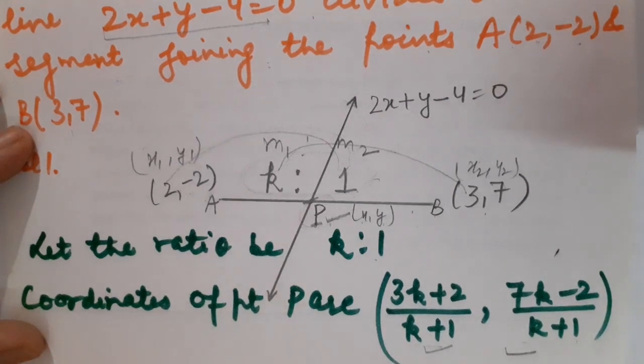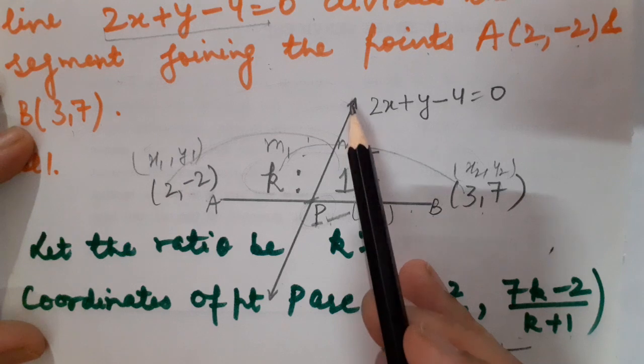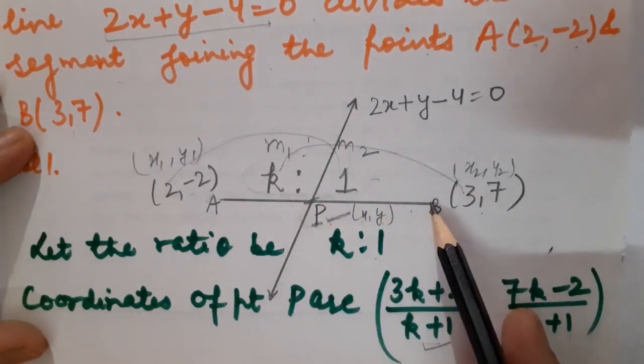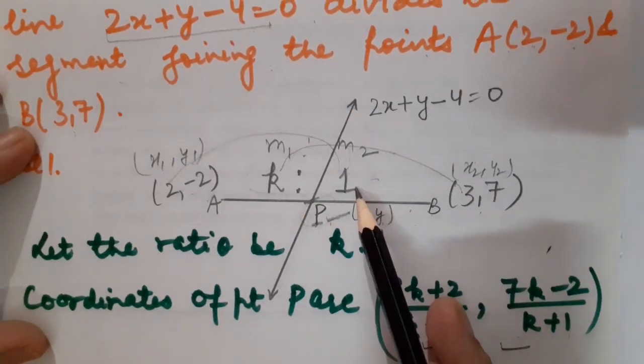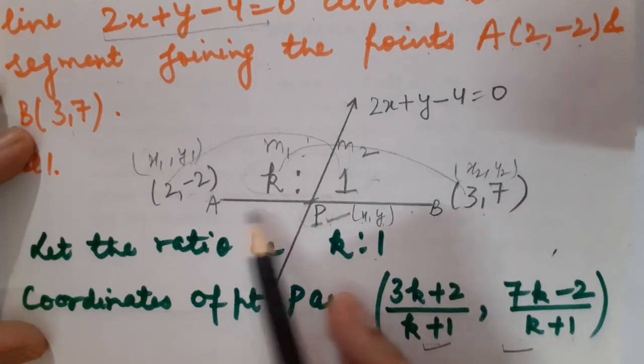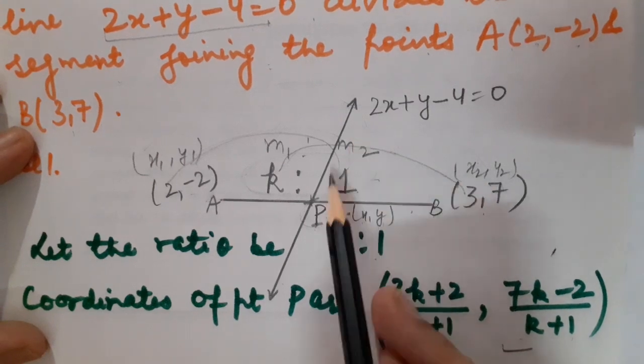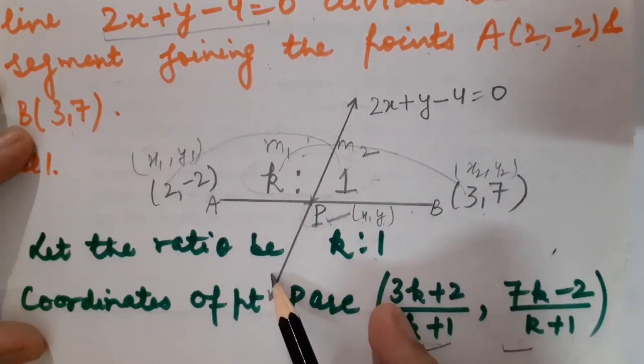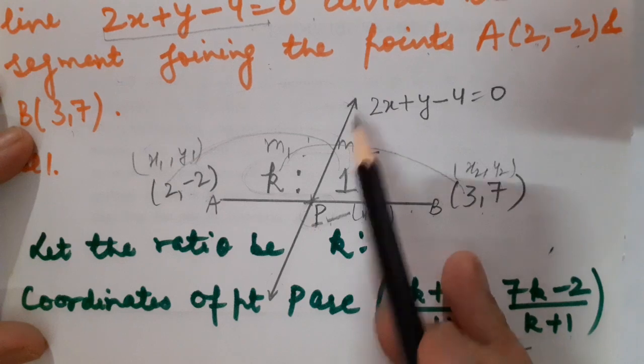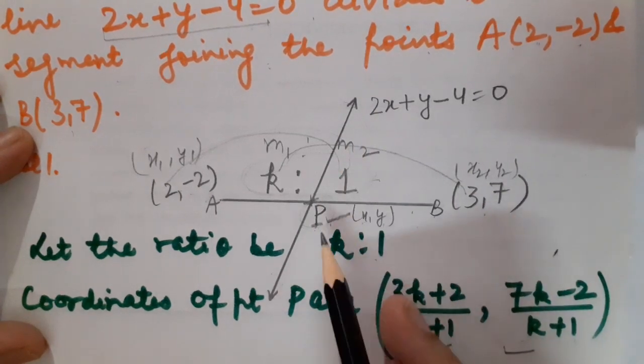Now children, just think one point in your mind. If this line is going to divide this line segment in the ratio K ratio 1, and it is going to divide this line segment at a particular point P, so it means this point P lies on this line. Correct? So what can we say?